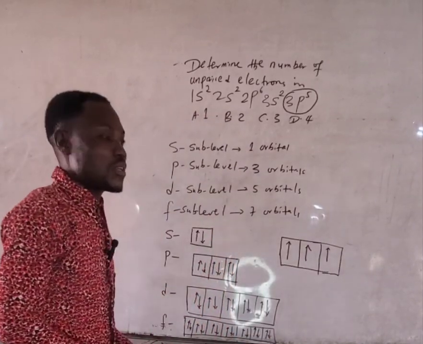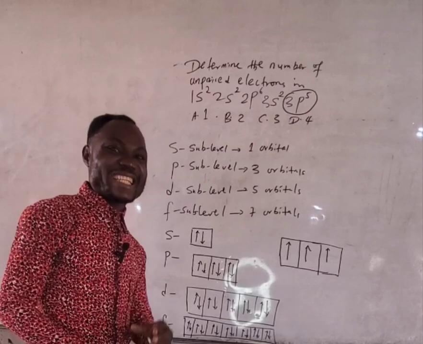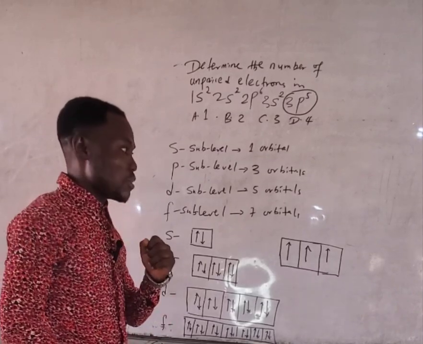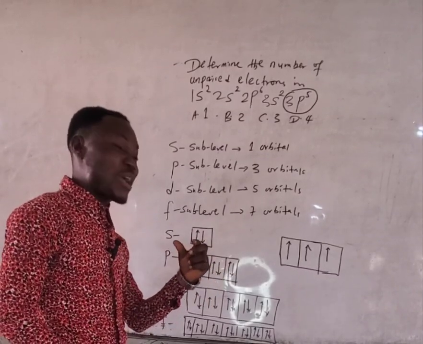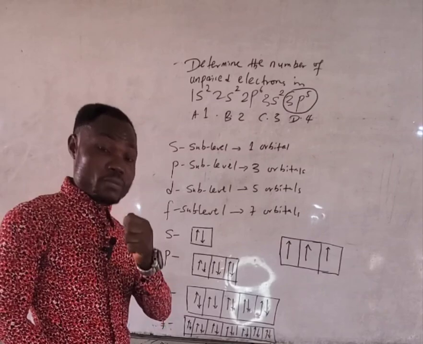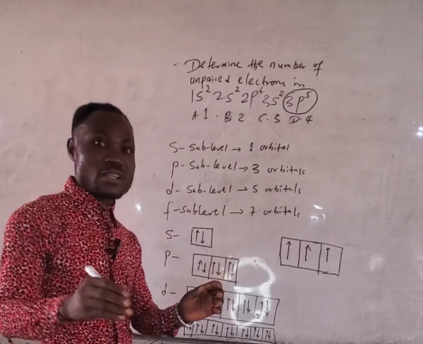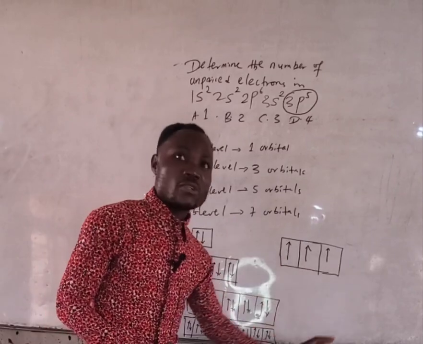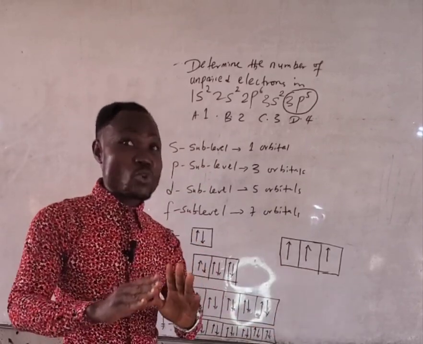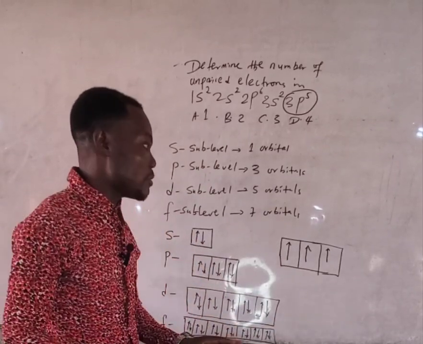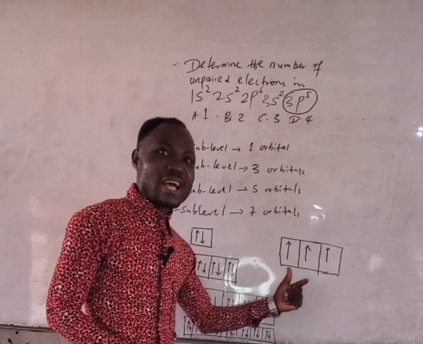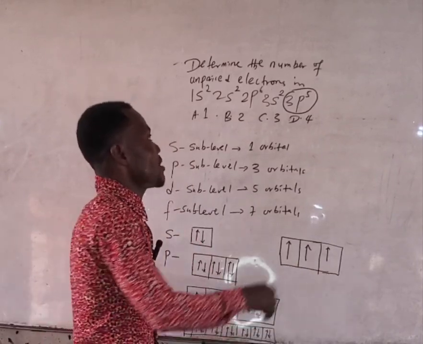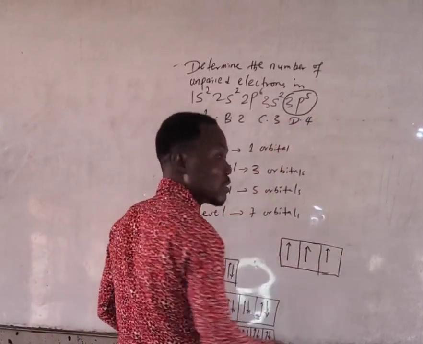Hund's rule says that when filling degenerate orbitals, which are orbitals that have the same amount of energy, like all these, they belong to the same sub energy level, so they have equal energy. So the electrons have to be entered one by one. So we have to enter the 5 electrons one by one.